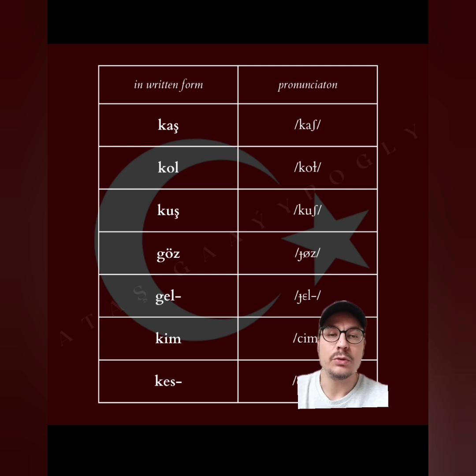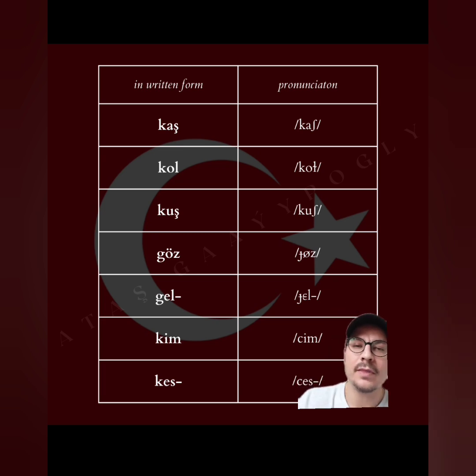It's similar to Azerbaijani, but on the palate. Gel. In Turkmen it was a little bit back, but in Turkish it's on the palate. Kim, also on the palate, not like in Turkmen. Kes.